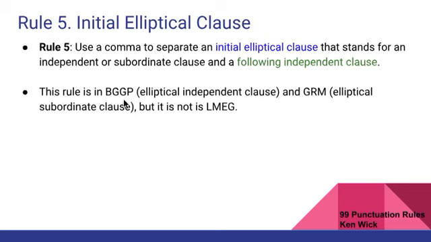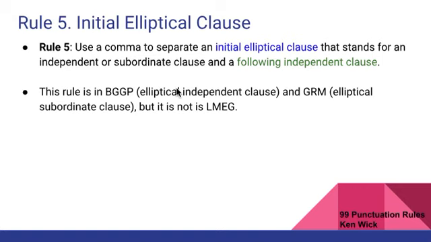So basically, this rule is now this elliptical clause. I notice I had two. I said if it stands for the independent clause or the subordinate clause. Interesting to note that the BGGP only has this for the elliptical independent clause, and the GRM, the Gregg Reference Manual, only has it for the elliptical subordinate clause. And none of this is in the LMEG.